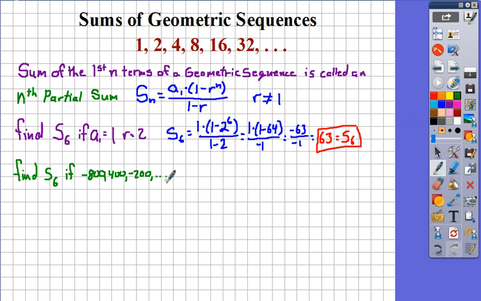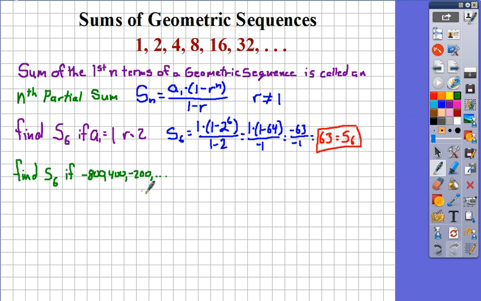I'm not going to write out the other 3 because we have all that we need here. We need to know the first term, which we see right there, negative 800. We need to know the common ratio, which 400 divided by negative 800 would be negative half, or negative 200 divided by 400 would be negative half.